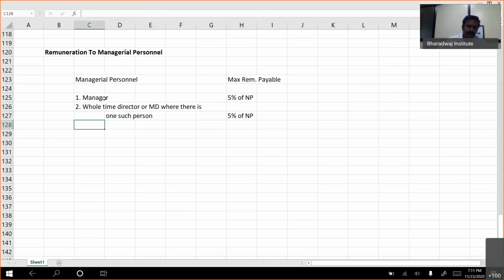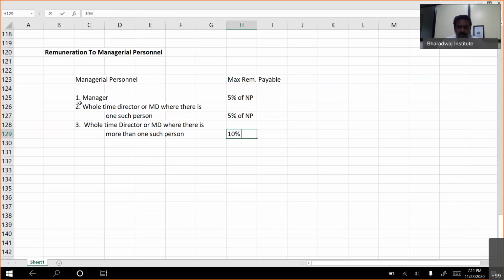Number 3, whole-time directors or managing directors, where there is more than one such person, like a company having 2 whole-time directors or 2 managing directors: 10% of net profit for all of them. Which means if the company is having 5 whole-time directors and 1 managing director, 10% you can pay for everyone put together.